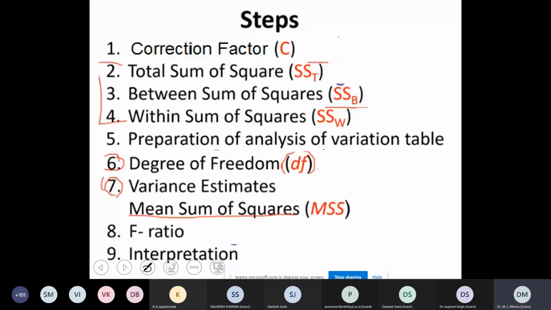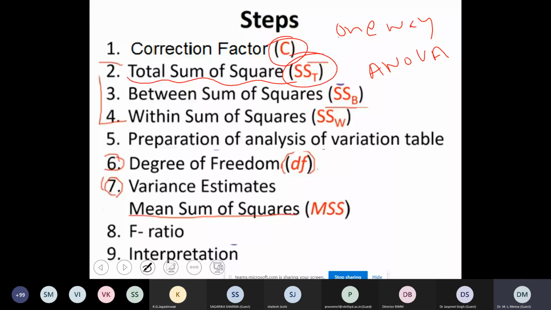So these are the steps of one-way ANOVA. First step, we find the correction factor, capital C. Second step is the total sum of square SST, then the between sum of square SSB, then the within sum of square SSW.